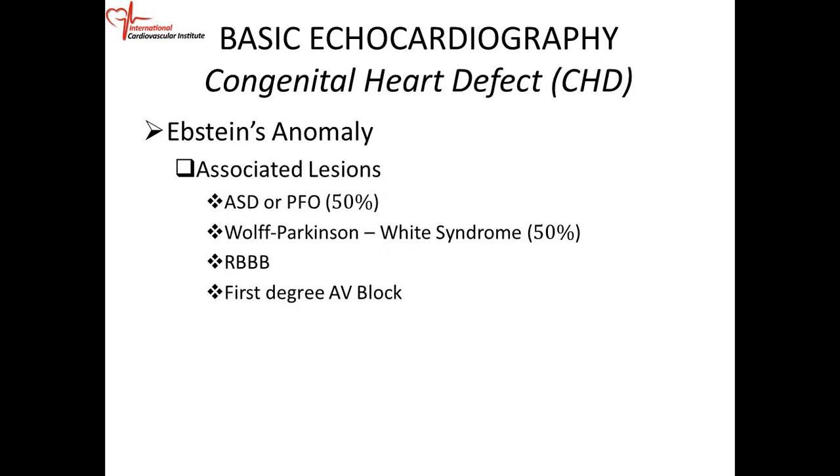When you look at the ECG, you have what we call a delta wave. The delta wave will tell you that the patient has Wolff-Parkinson-White syndrome. On the ECG, you also get a right bundle branch block pattern and first degree AV block.